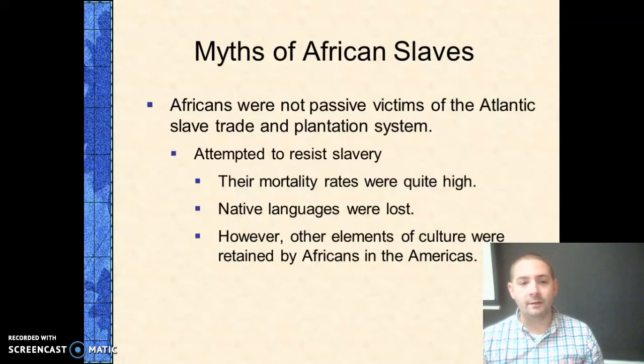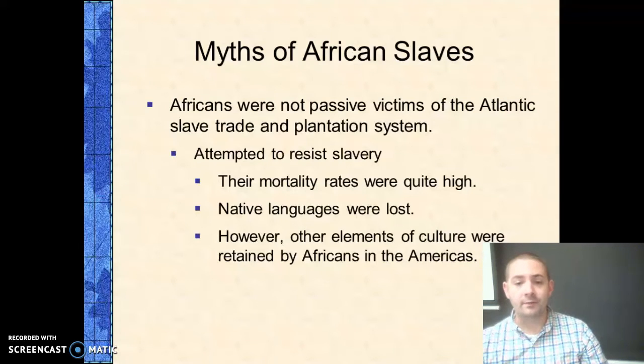Slaves were often most impacted by this, obviously, because they were ripped from their homelands and they were sent across the Atlantic to foreign lands that they had never experienced before. However, there was a huge resistance to this, and there was an attempt to try and keep much of their identity when they arrived in the New World.